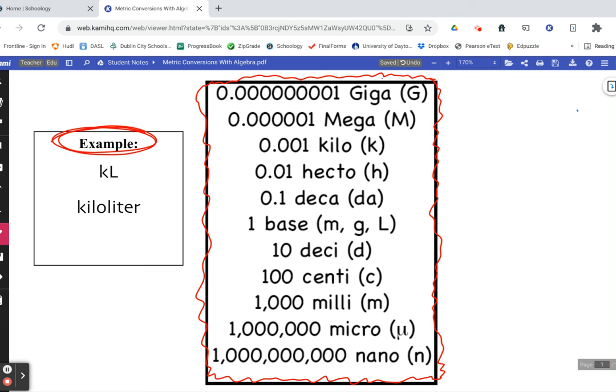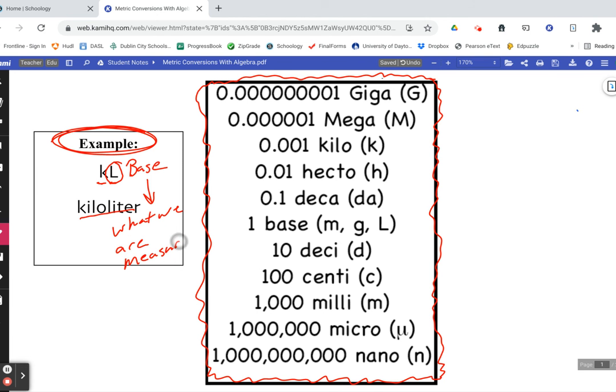The first term: this is a kiloliter. This K and this L are very important. First of all, this L is not just called an L, it's called the base. The base is just a fancy way of saying what we are measuring.